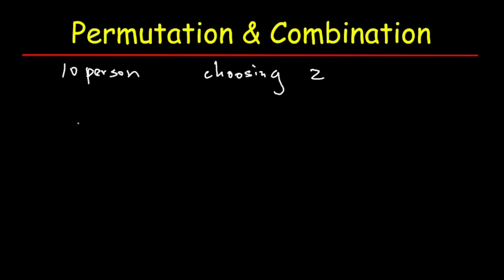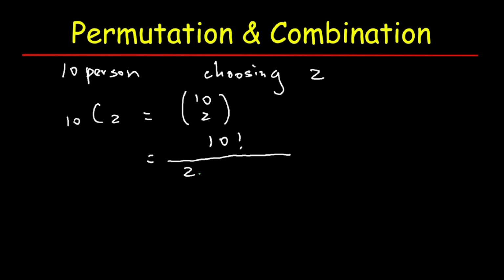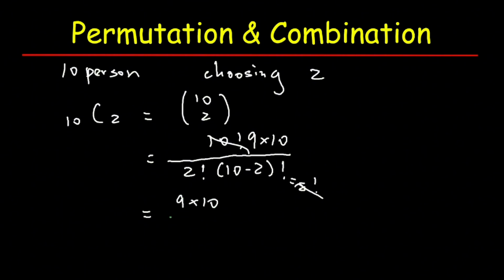If we plug it into the formula, then we have 10C2, and using the formula this would equal 10 factorial over 2 factorial times 10 minus 2 factorial. So we can see that 10 minus 2 is 8 factorial, and most of 10 factorial and 8 factorial will cancel out and only leave us with 9 times 10 in the numerator. So this becomes 9 times 10 divided by 2, which is just 45.